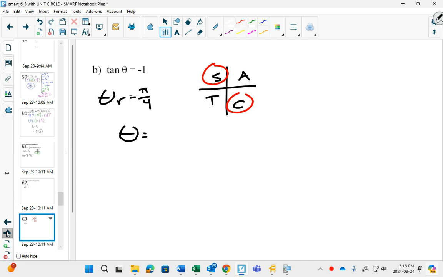In quadrant 2 or in quadrant 4? So then what's my pi over 4 in quadrant 2? 3 pi over 4. What's my pi over 4 in quadrant 4? 7 pi over 4.